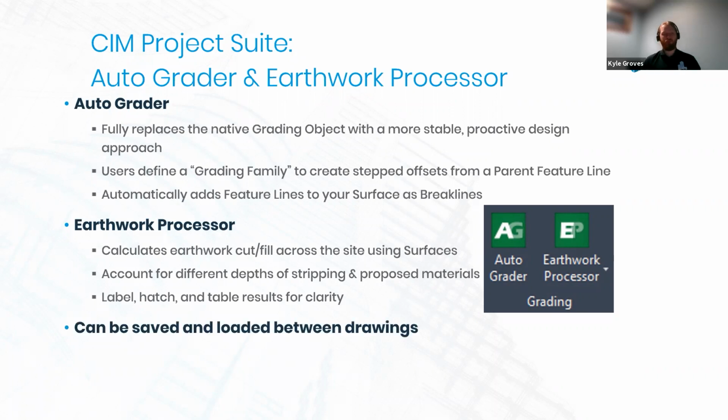Lastly, for both of these tools, whatever we come up with inside of our model and our design, we can actually save that set of criteria out to a third location somewhere with our CAD standards that everyone can go through and access. And we can load that back into another project when we have a similar scenario. So if we've always got that same shape of curb, in Minnesota, we like to work with a B612.